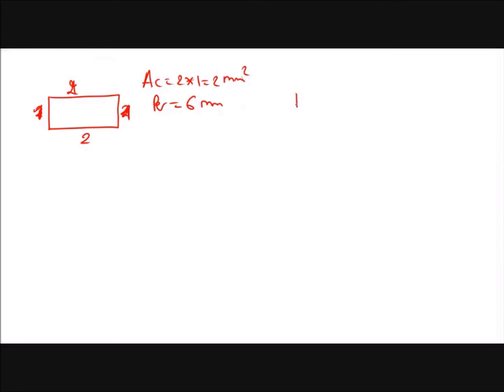So what I can make is this. I have the same area: 4 by 0.5, again 0.5, again 4 here. You can see the cross-sectional area is the same, 2 millimeters squared, but the perimeter is now 9 millimeters.